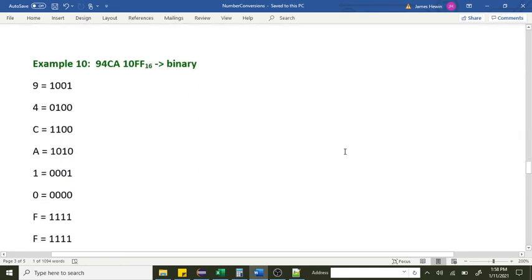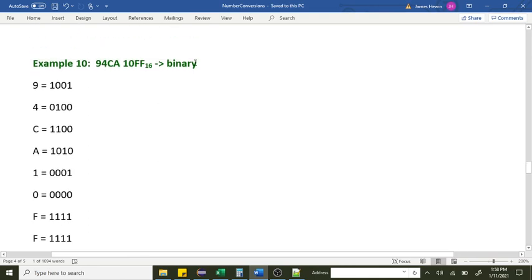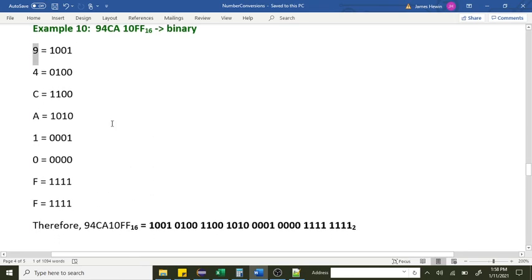And the same thing going from hexadecimal to binary: you just replace each hex digit with its 4-bit binary number. So here we have 94CA10FF. Just write its binary representation, and again here it is.